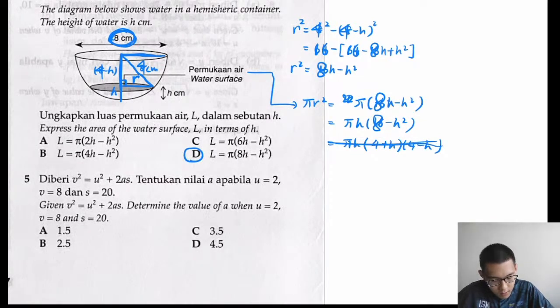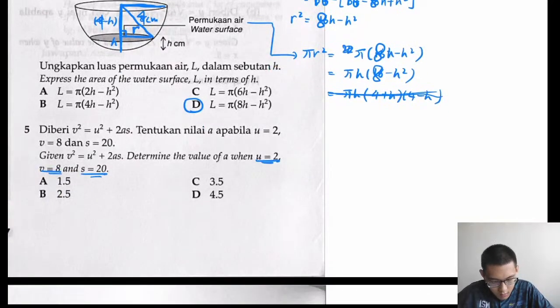Given that v squared equals u squared plus 2ax, determine the value of a when u equals 2, v equals 8, x equals 20. So we try v squared, u squared. When u equals 2 squared, v is 8, 8 squared, and x equal to 20.